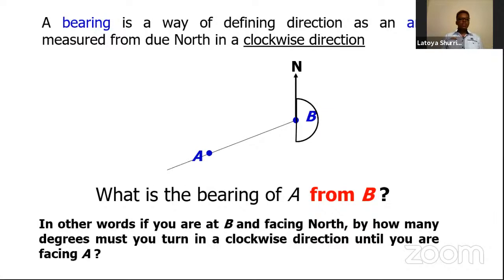And that would be your angle. And so from B to A, or of A from B, that would be a bearing of 243 degrees.